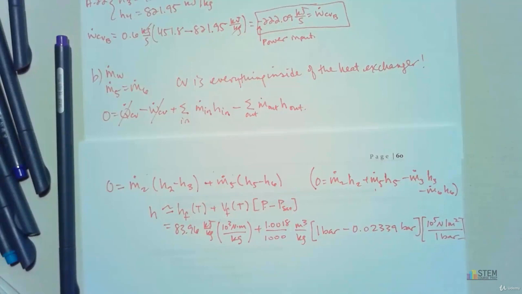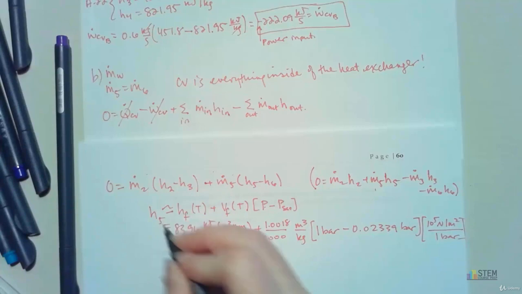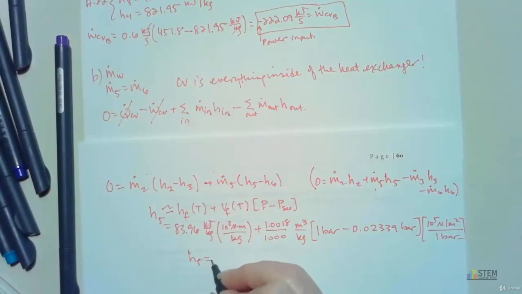And that's the end there. Now what you're going to end up with, you'll end up with units of kilojoules per kilogram when you do all of this. So H5, this is for H5 by the way. H5 then is going to be 84.05 kilojoules per kilogram.